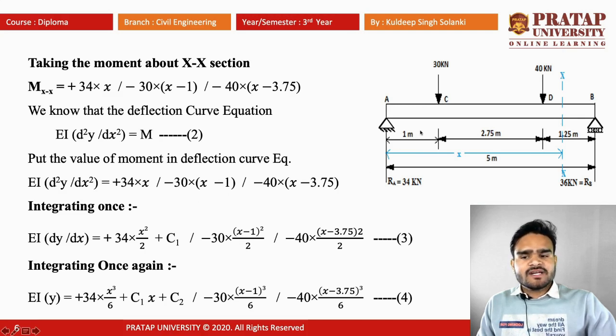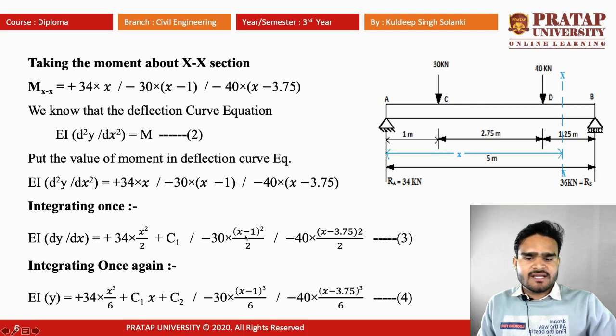If you consider the distance between C and D, in the C to D distance two moments are available, due to the reaction and due to the point load of 30 kilonewton. So between C and D we take two terms, first and second.